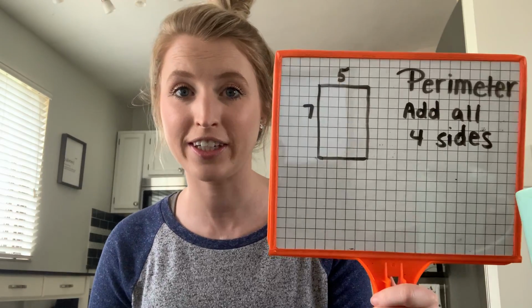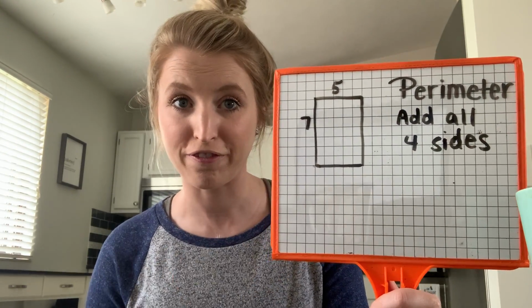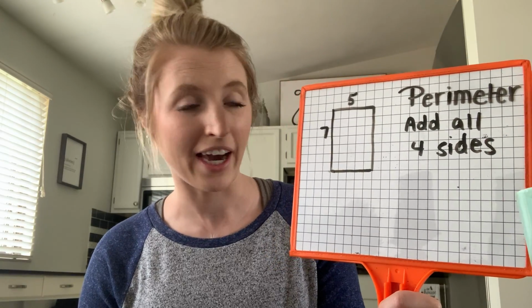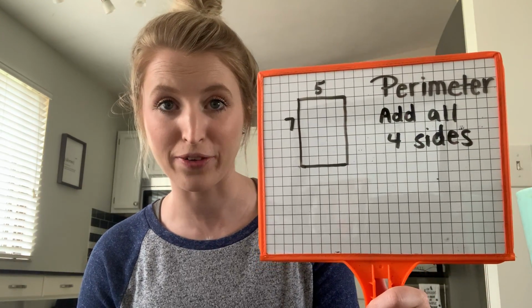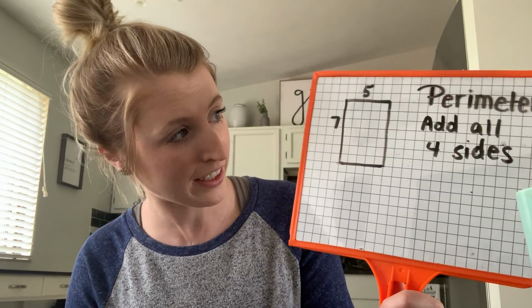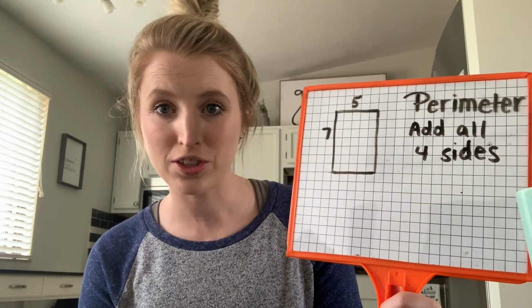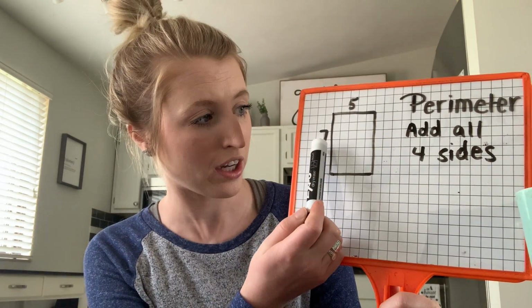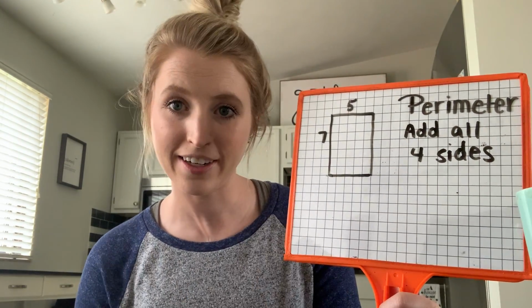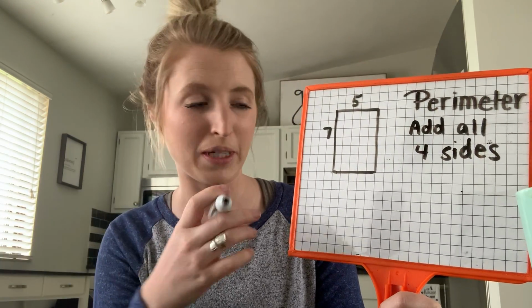So for example, I have a rectangle here that has a length of 7 and a width of 5. So I would have to add all four sides of my rectangle together to figure out the perimeter, okay? When I only give you two numbers, you just want to look across to the other side and think about what length this side would be.